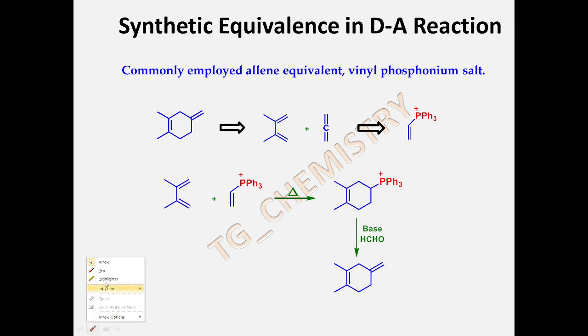As you can see over here, this desired product can be obtained with this diene, which is stable instead, and instead of this allene you can use the vinyl phosphonium salt, and then by means of base and formaldehyde you can replace these things by the terminal olefin which you have in the product. So you can get your desired product by easy controllable reaction sequences using the synthetic equivalence in Diels-Alder reaction.